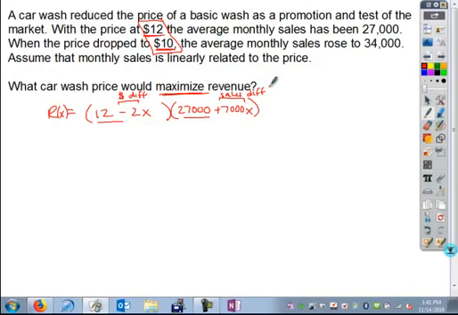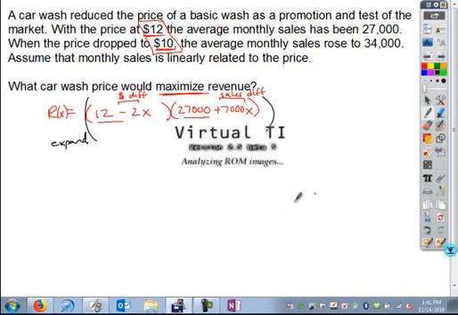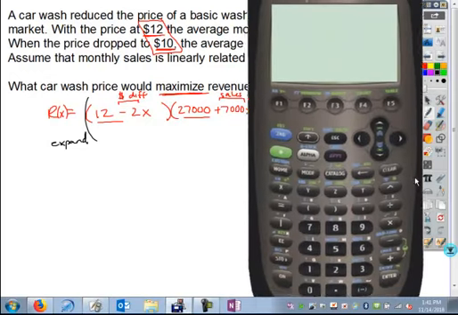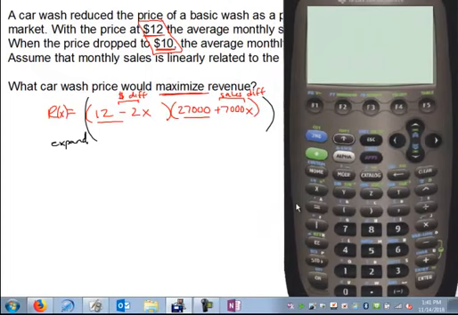Once you have this equation, in order to find the maximum revenue, you have to locate the x-coordinate of the vertex for the graph of this function. The easiest thing to do here would be to expand this. If we take this function and expand it on our calculator, it's going to give us the general form of the quadratic.